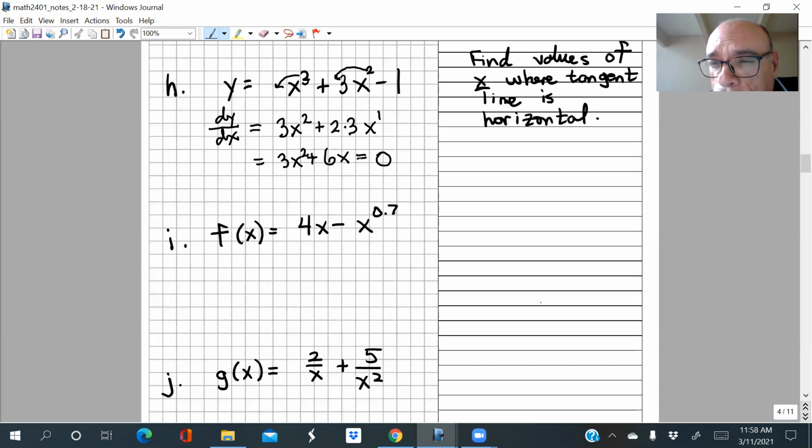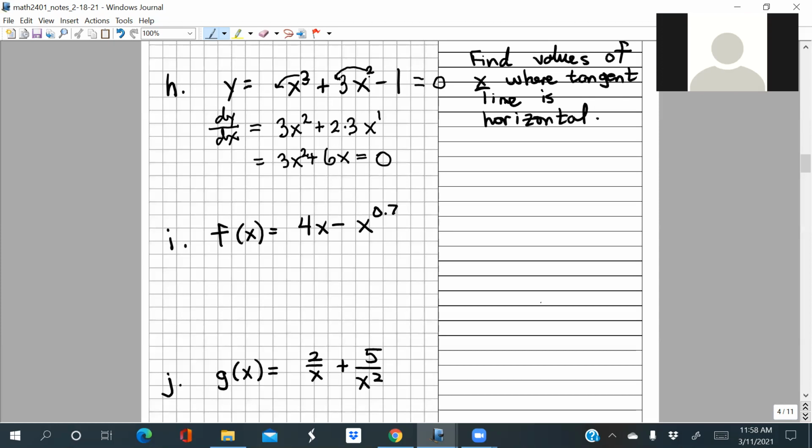Let's go back to the original function. If I set that one to 0, which I'm not doing, by the way, what would I be finding on this function? The intercepts, right?